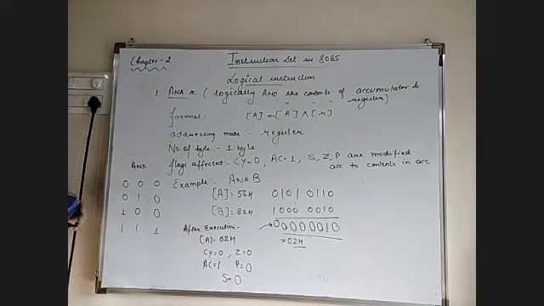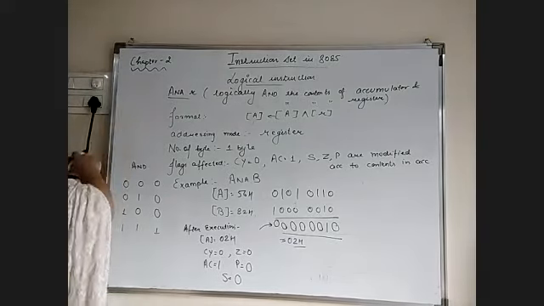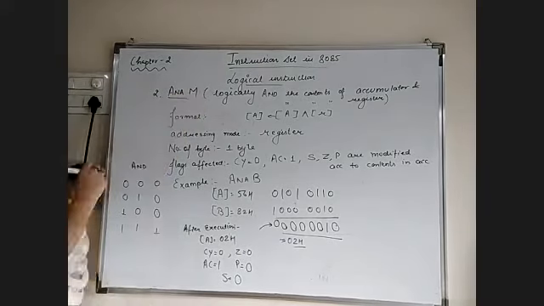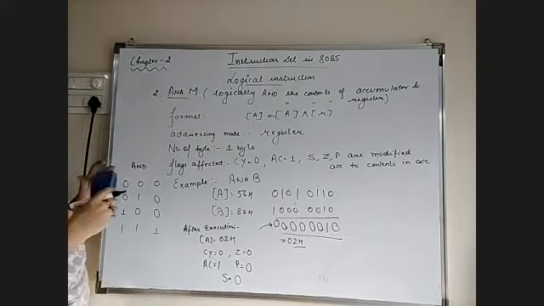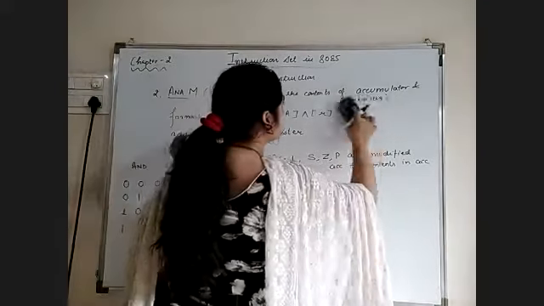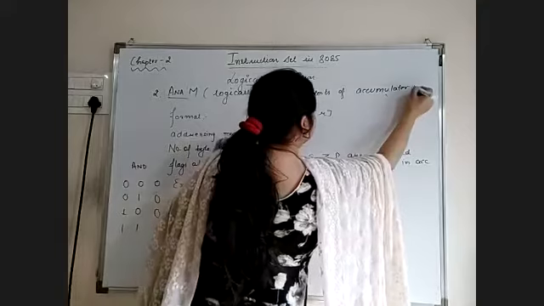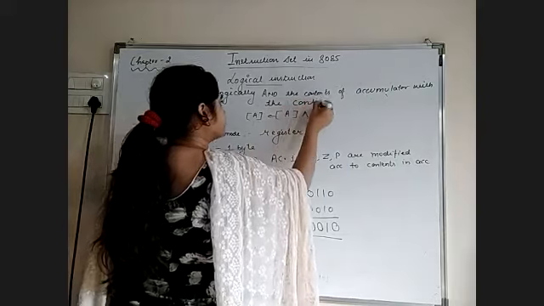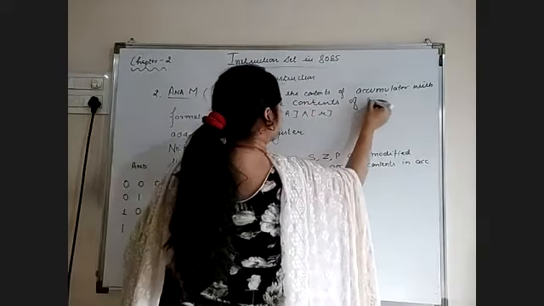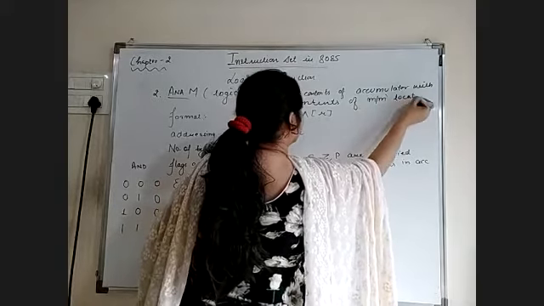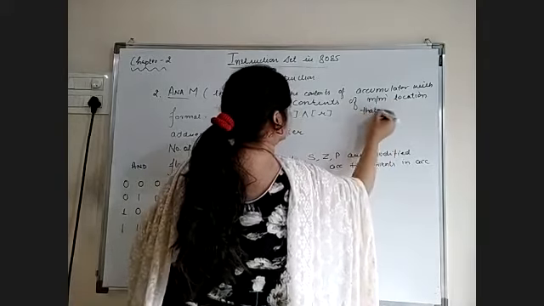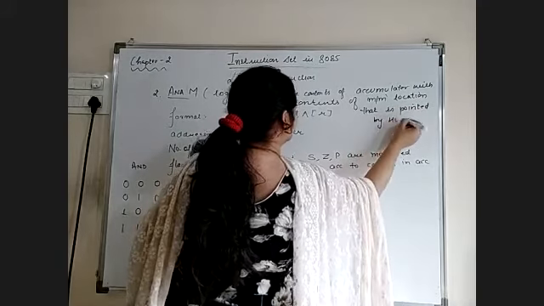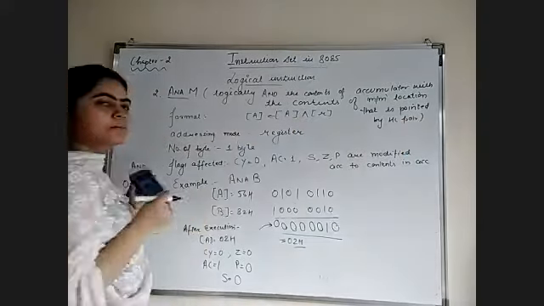Is it clear? Okay, now we can see the next instruction, that is ANA M. ANA M means logically AND the contents of the accumulator with the contents of the memory location that is pointed by the HL pair.